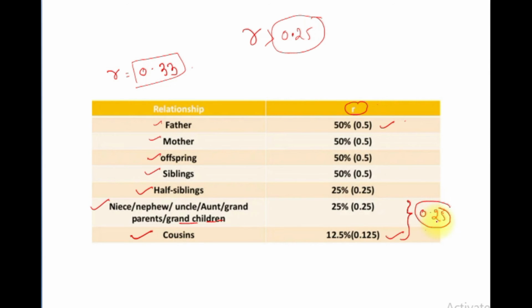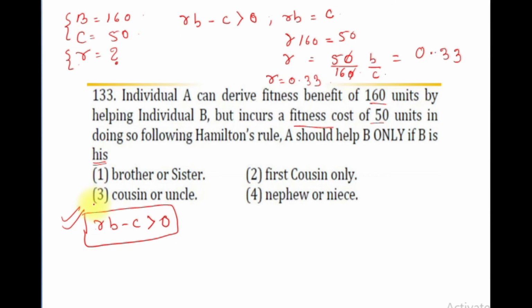If we have 0.25 relatedness, it could be nephew, niece, uncle, aunt, grandparents or grandchildren or cousins. But as we have 0.33, the best suitable option is brother or sister. So the first option is the correct option for this question.